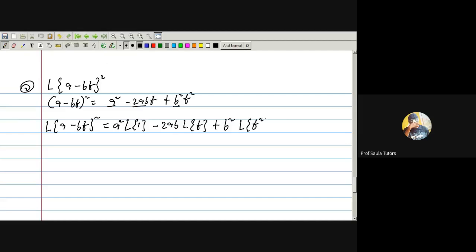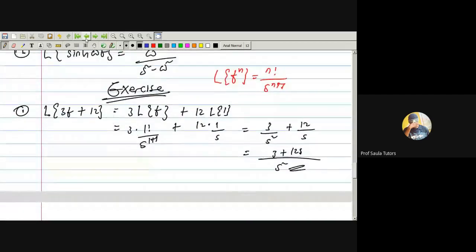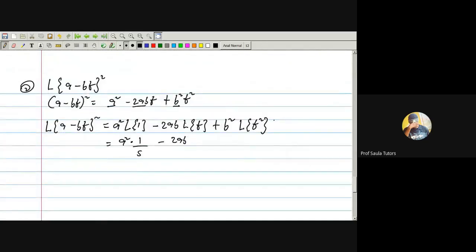Yeah, Laplace of t squared. So what will this one give me? a squared times Laplace of 1, which is 1 over s, minus 2ab times Laplace of t. Don't forget, Laplace of t has been done here. If you can remember, Laplace of t is 1 over s squared.